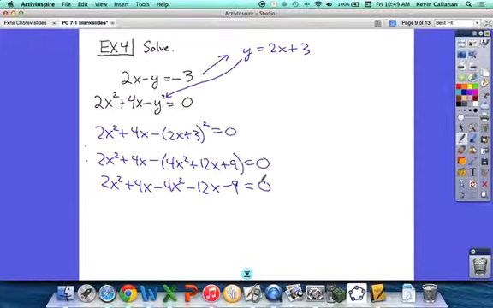So now we need to combine like terms. We have 2x squared minus 4x squared, negative 2x squared. We have 4x minus 12x, negative 8x. And we have a negative 9.